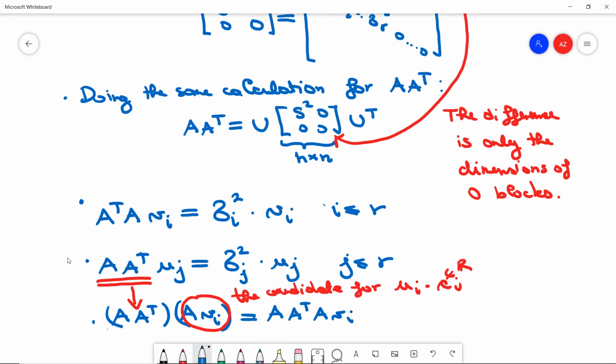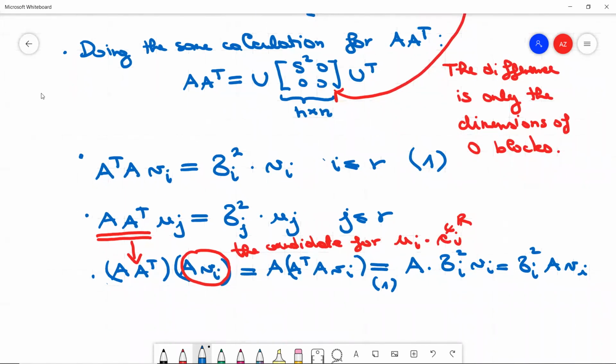Now I will use that Vi is an eigenvector of A transpose A, so I get A times sigma I squared Vi, which is sigma I squared AVi.